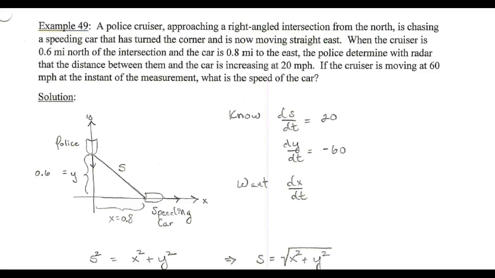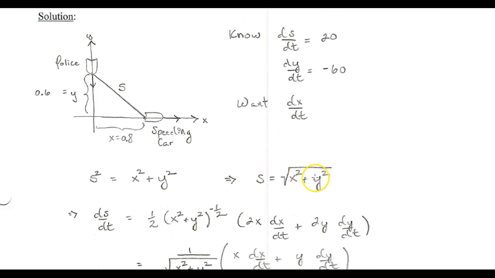Okay, so I need a relationship between s and x and y. Hopefully you recognize that right away: let's use the Pythagorean theorem, right? So s squared equals x squared plus y squared. If I solve for s, I get s equals the square root of x squared plus y squared. And since I do know dy/dt and ds/dt, I don't need to find another relationship between x and y, because I know a lot about x and y.